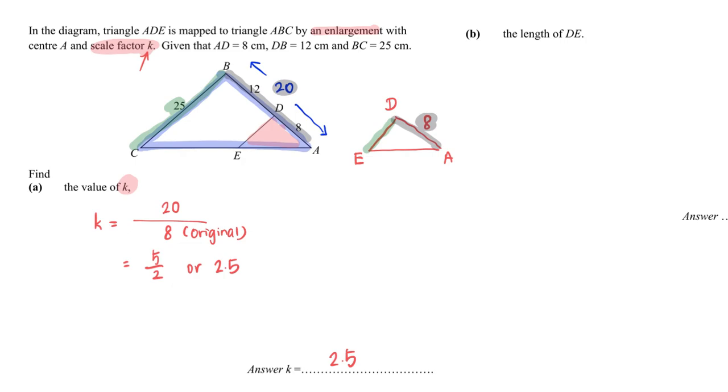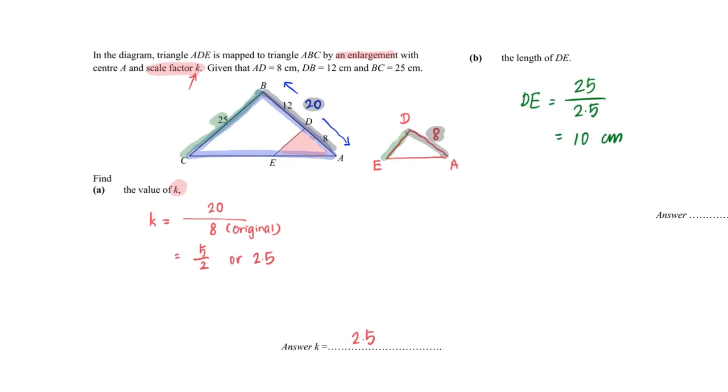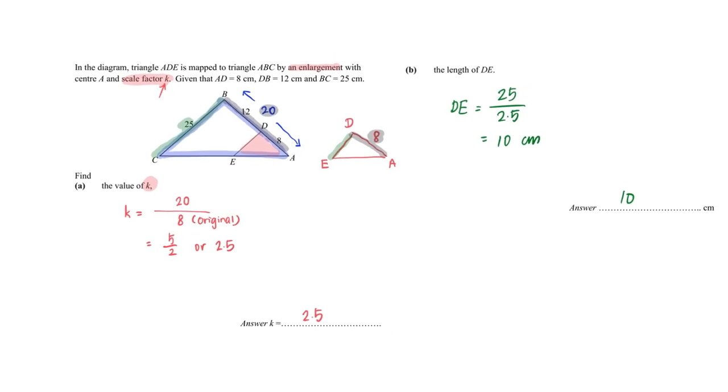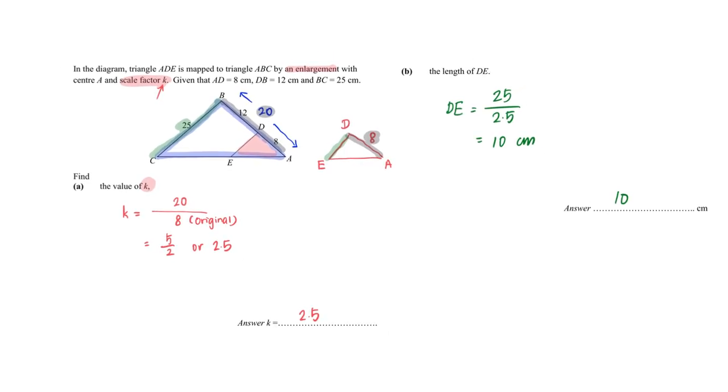DE would then be simply 25 divided by 2.5, which is 10, because 10 times 2.5 is 25. And with that, we've come to the end of this part of the problem, and let's move on to the next question.